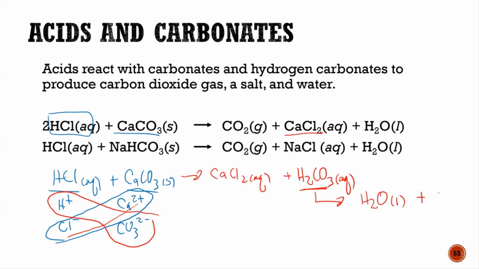And that gas is whatever's left over after you subtract water from carbonic acid. So carbonic acid is H2CO3. If I take away an H2O, what's left? CO2 gas, right? Because there's one carbon and there's two more oxygens left. That's CO2. So that was one of the unstable intermediates.